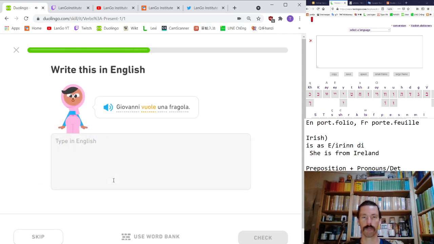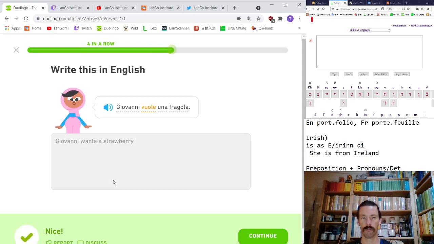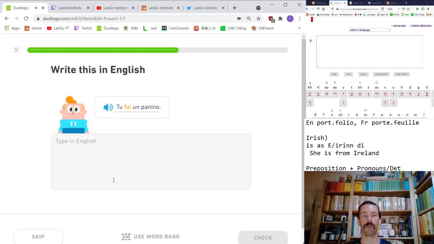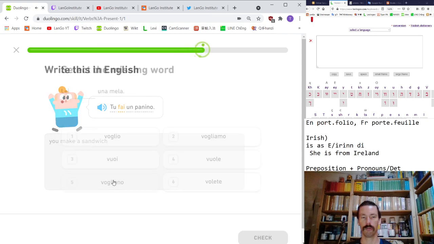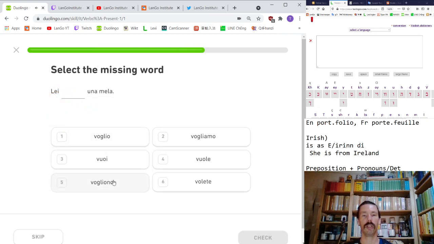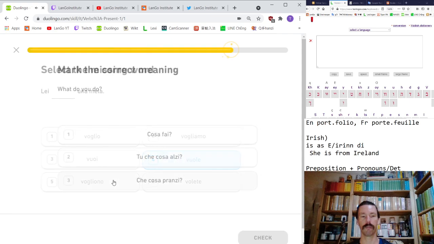Giovanni vuole una fragola. Vuole, he wants. Giovanni wants a strawberry. Tu fai un panino. Lei vuole una mela. She wants an apple.